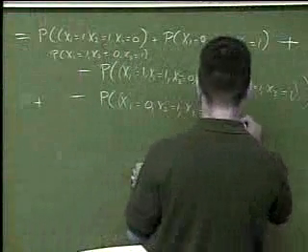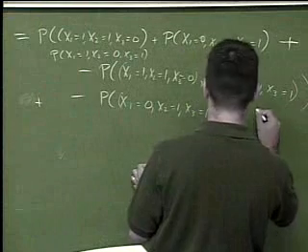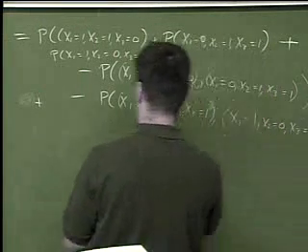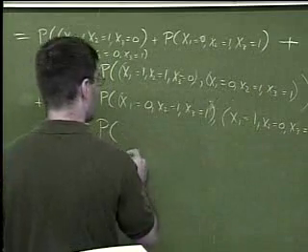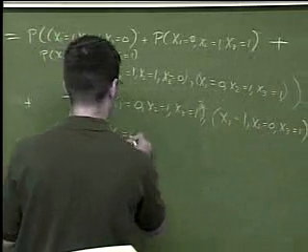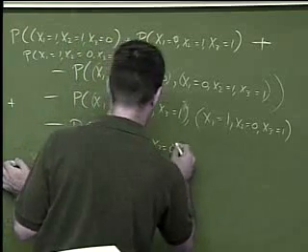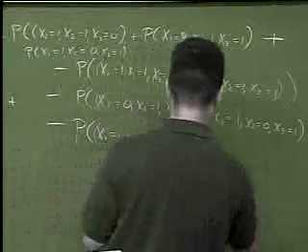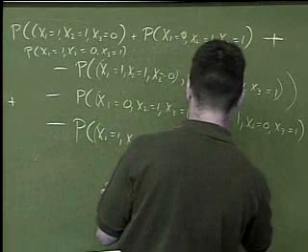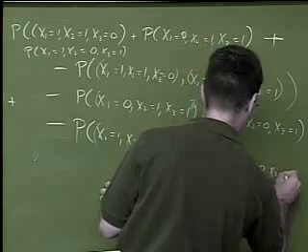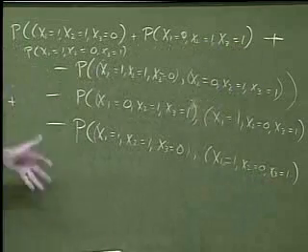And x1 equals 1, x2 equals 0, x3 equals 1, minus the probability that x1 equals 1, x2 equals 1, x3 equals 0, and x1 equals 1, x2 equals 0, x3 equals 1. Right, I think those are the 3.